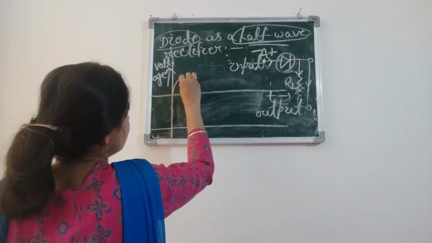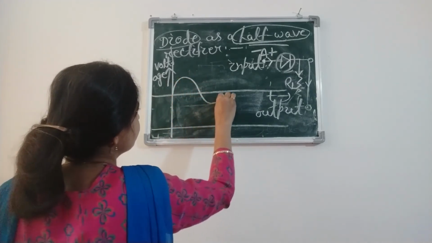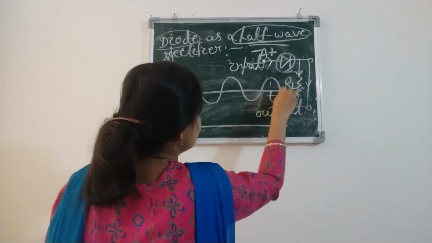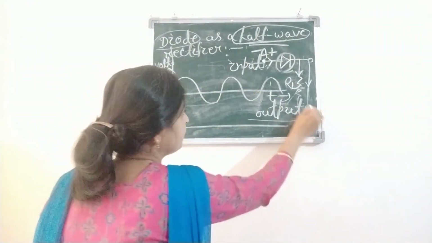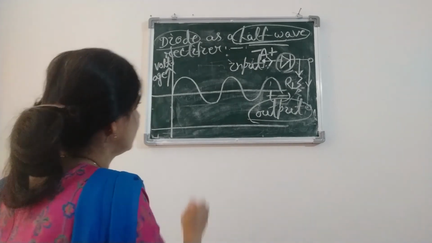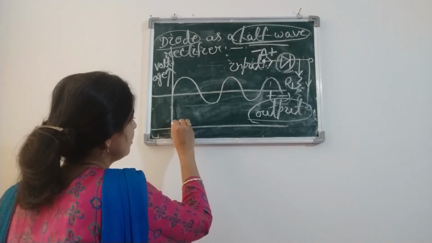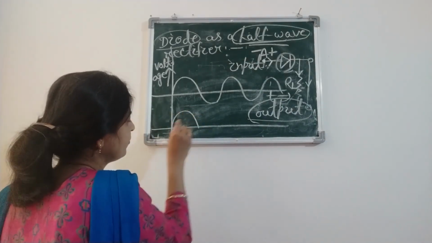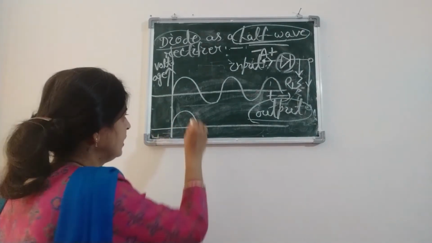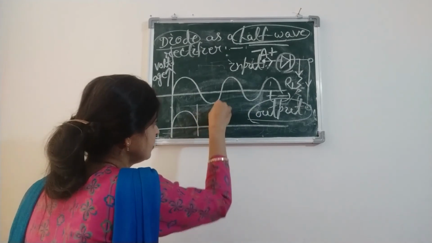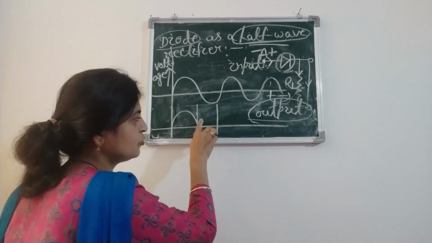Input, we are supplying input every time, so the input graph will be continuous. But for your output, only in forward biasing the output will be obtained, and during reverse biasing the output will be 0.